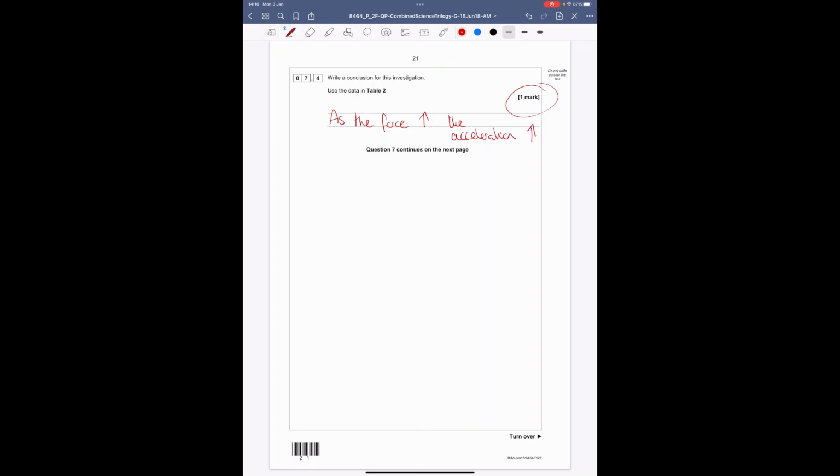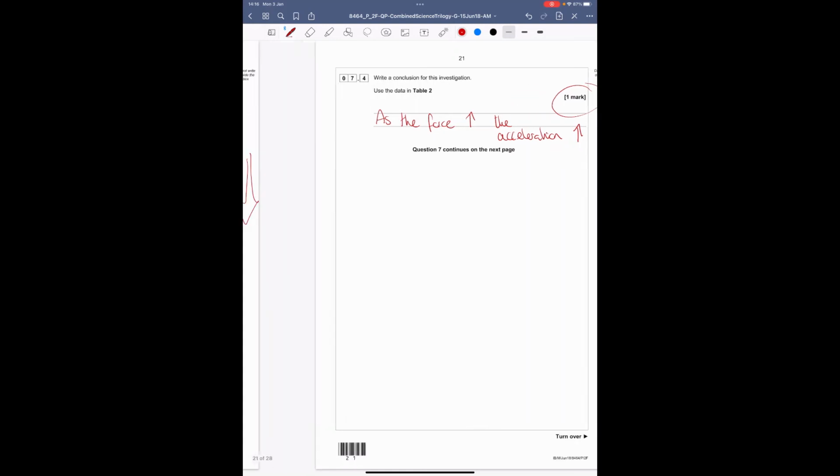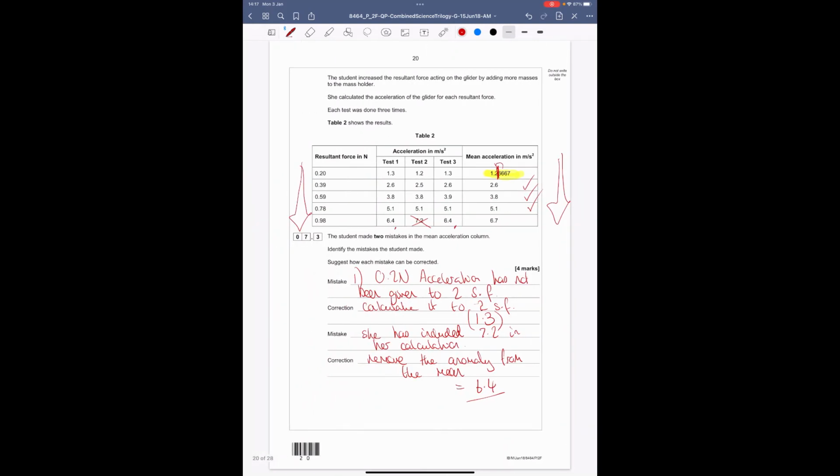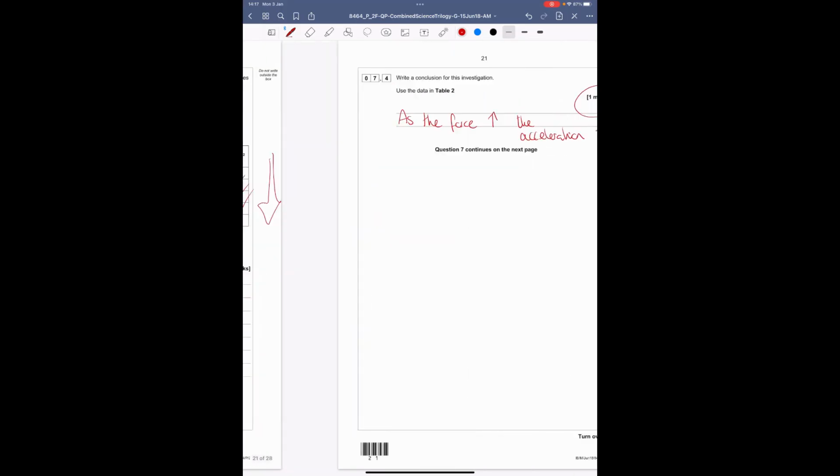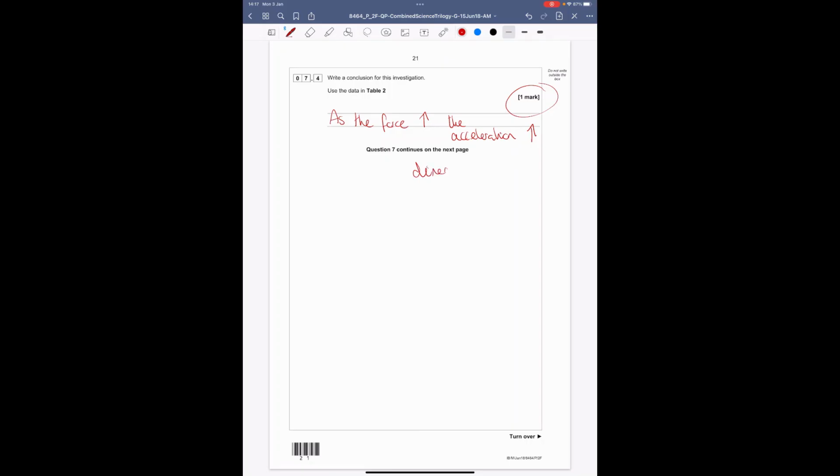And you could also say, if we look directly at the numbers, it's going up roughly the same amount each time. So you could say it is a directly proportional relationship. But because it's only a 1 mark question, just by stating the simple pattern, that's enough.